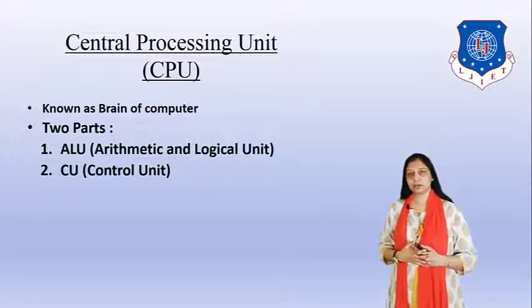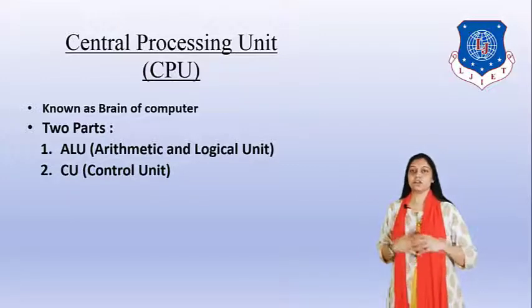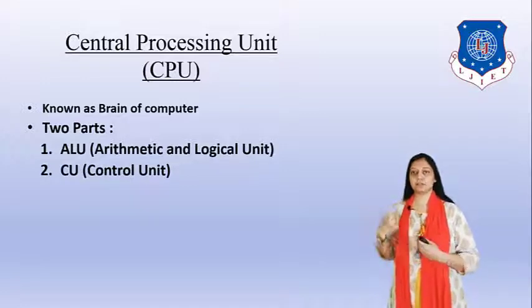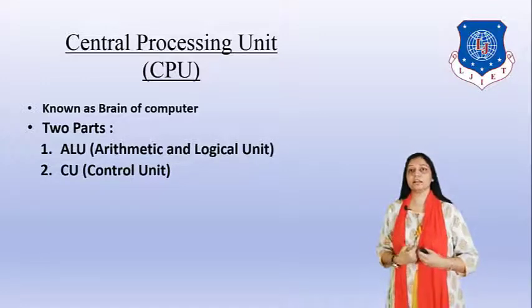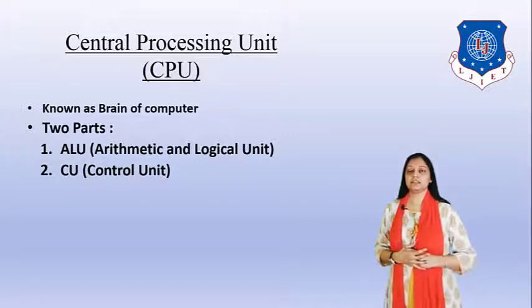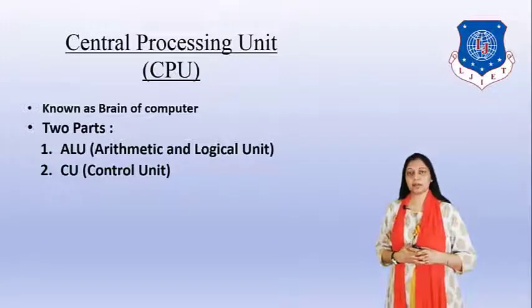Then we have the control unit. Control unit is for controlling the different peripherals or components of your computer. The control unit decides when to take data from the input unit, from which place the data has to be taken, whether from the keyboard or mouse, when to display the result on the output unit, when and where to store the data in the memory, and so on.